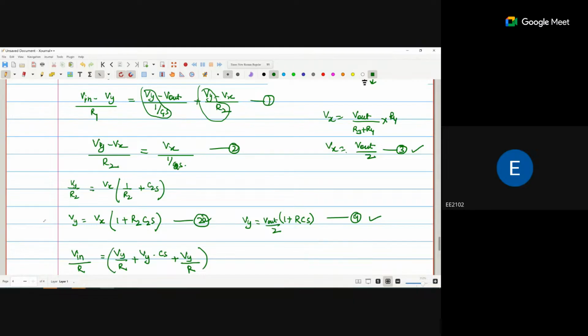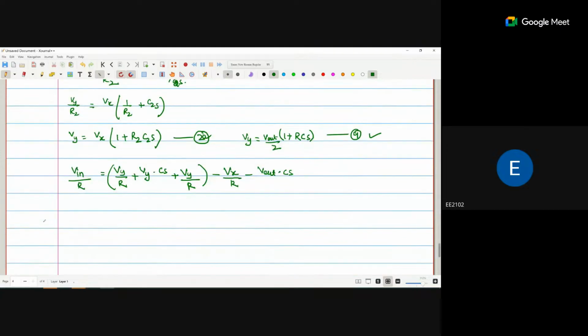Minus Vx by R, this term, and minus V out times Cs. Taking R as LCM, V in is equal to Vy plus Vy RCS plus Vy minus Vx minus V out times RCS.